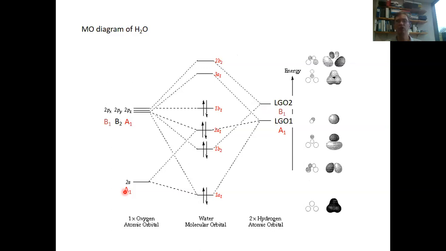Could be slightly bonding also, or inter-bonding. We can't determine that by the qualitative construction of our molecular orbital diagram. Of course, you could compute exactly also the energies and the orbitals. That would give you additional information, but we will construct only qualitative molecular orbital diagrams here.